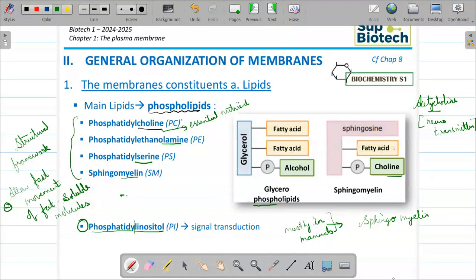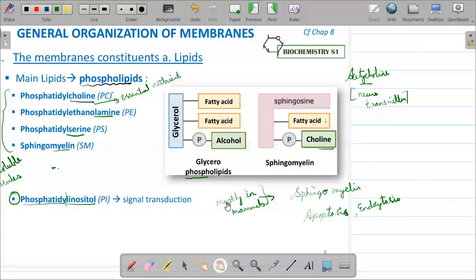Do you know what apoptosis is? Have you come across a term called apoptosis?